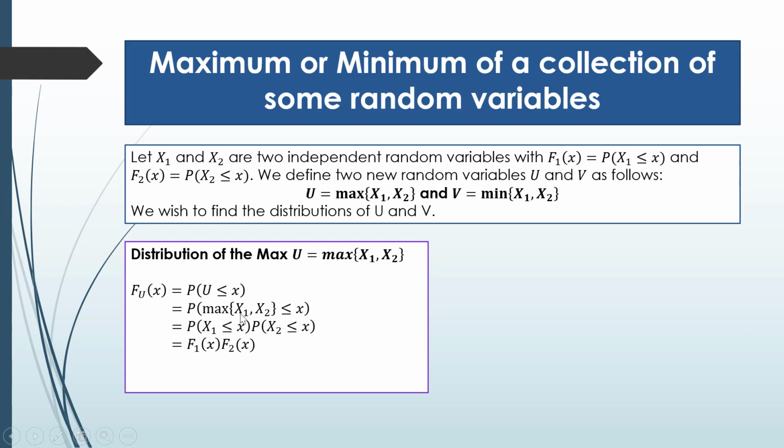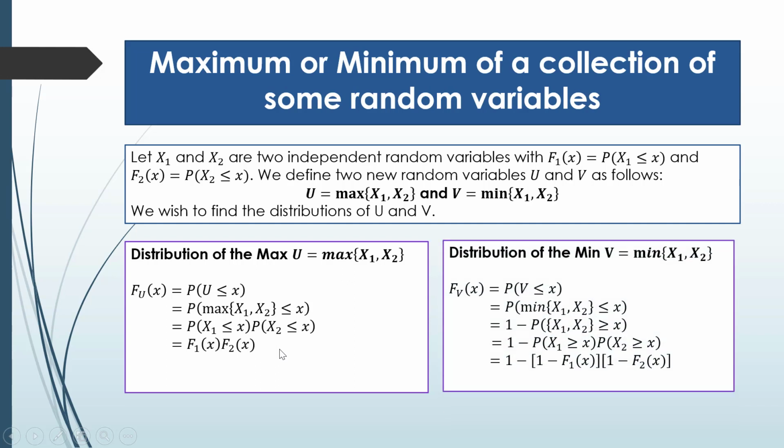And because x1 and x2 are independent, we can use the product rule. So the probability that x1 is less than or equal to x times the probability that x2 is less than or equal to x. The first factor is the CDF of the first variable, and the second factor is the CDF of the second variable at the point x. So the CDF of the maximum is the product of the CDFs at that point.